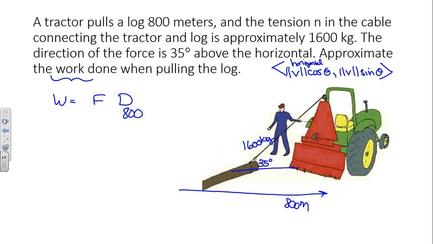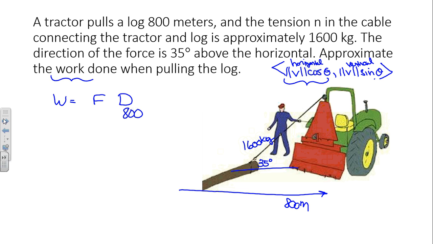And the second part gave us our vertical component. So is the tractor pulling this horizontally or is it pulling it vertically? It's pulling it horizontally, right? Okay. So in order to find our force, we're only concerned with the magnitude times the cosine of theta. Had we been suspending something, picking it up, rising it straight up, then we want our vertical component. But we're pulling this along the ground, so we want our horizontal component.